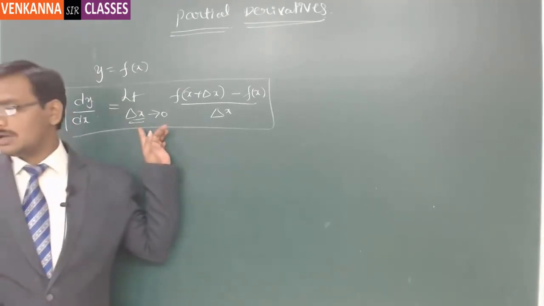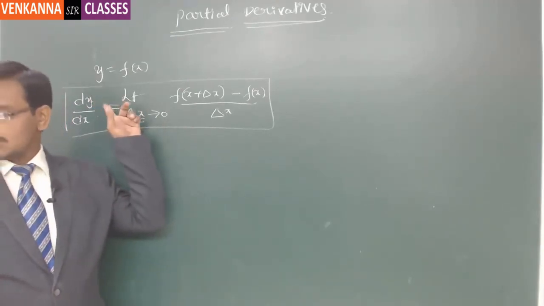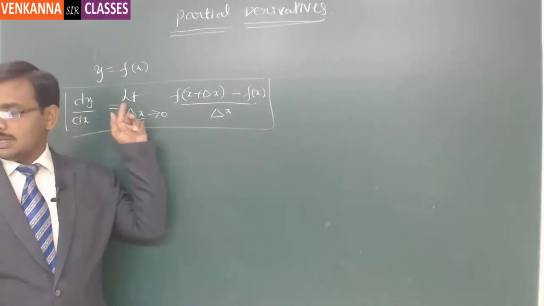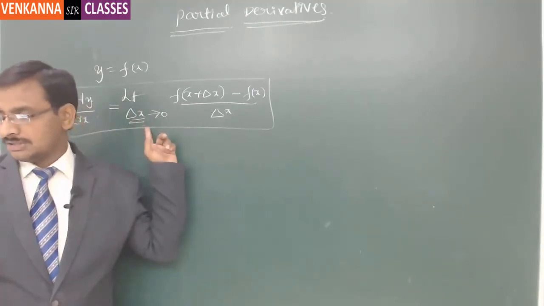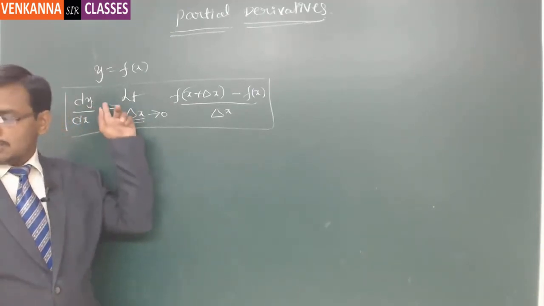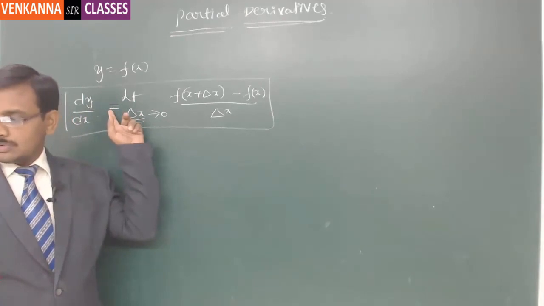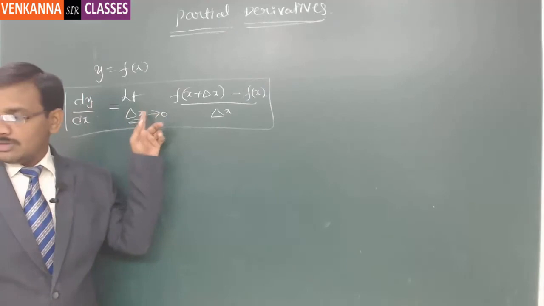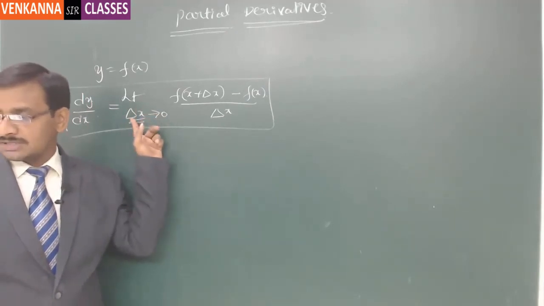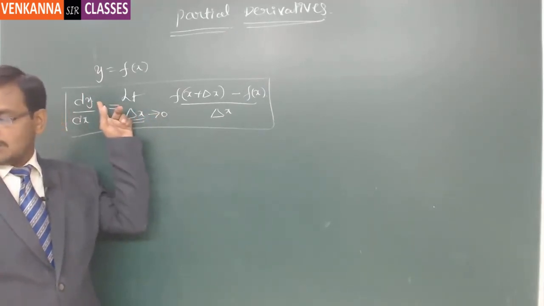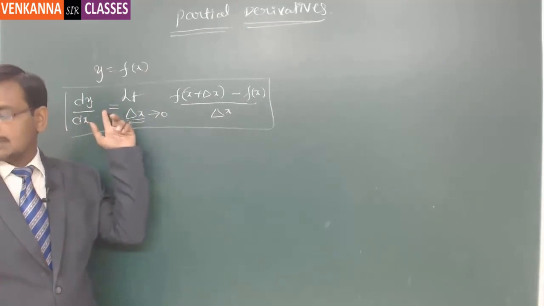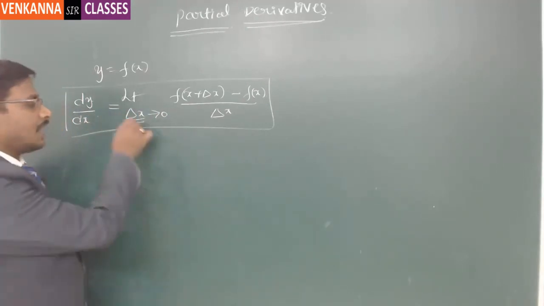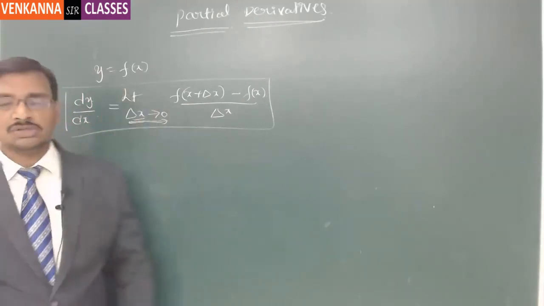The husband correspondingly changes his behavior according to the anger the wife got. So the relation between these two is what we defined as the derivative: for a minor change in the value of x, the corresponding change in the value of y. We take this ratio with delta x tending to 0 for accuracy.